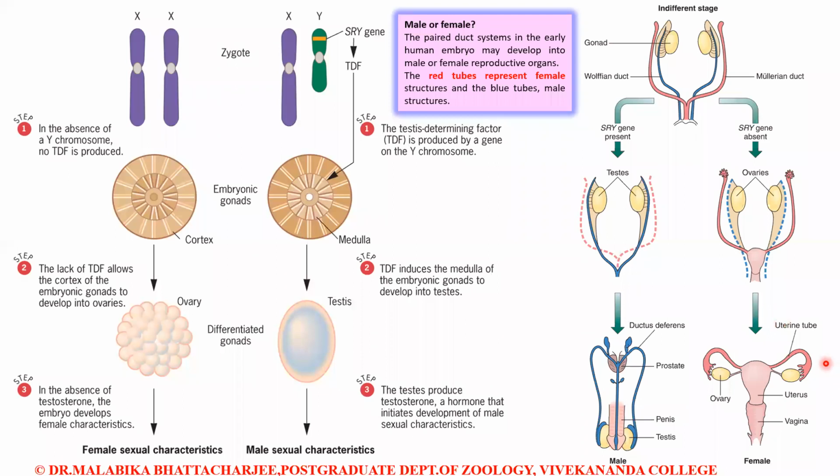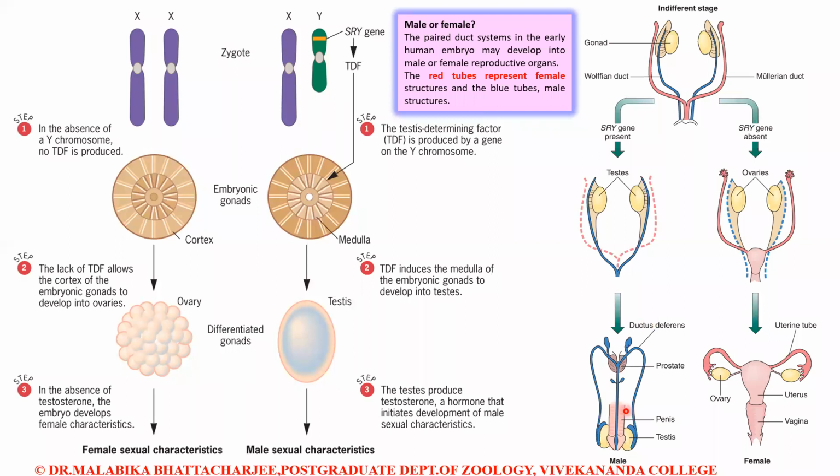It is only the presence of the Y chromosome that can initiate this developmental process. In the presence of the Y chromosome and the SRY gene present on it, the development of the testes occurs, and we get the development of the male characteristics.